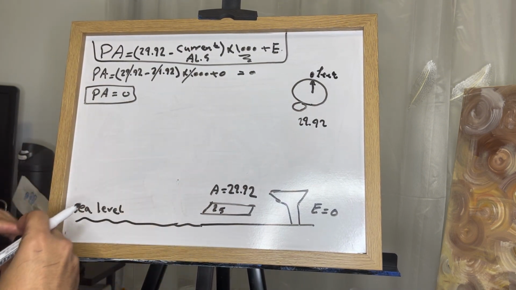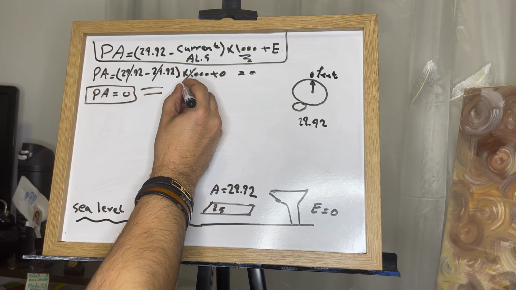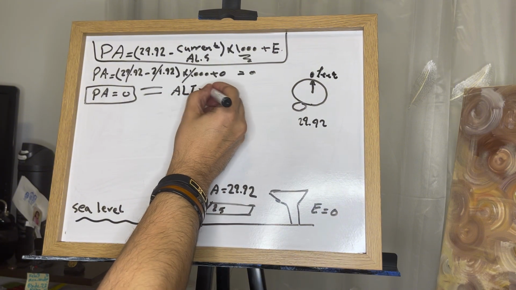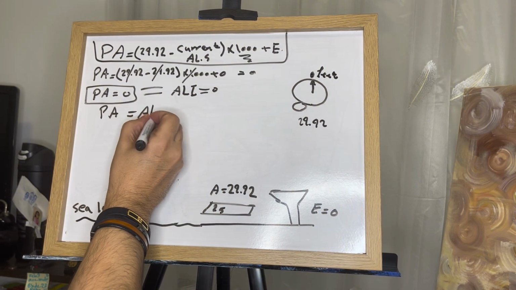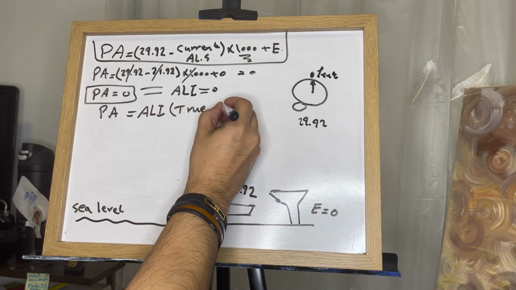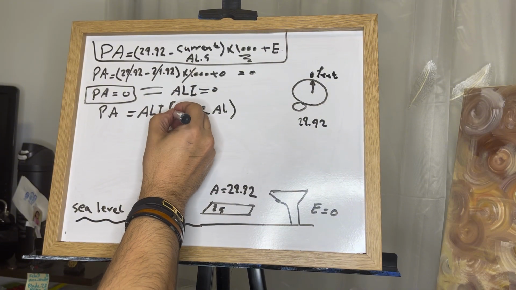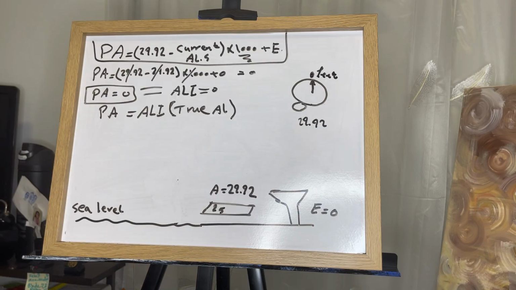So when you set the altimeter to local pressure, the altimeter shows you true altitude, the height above sea level. At this station, after setting 29.92, the altitude indicator shows 0. So pressure altitude equals the altitude indicator or true altitude. This is a common question you will see in the exam. The question is, when does pressure altitude equal the altimeter indicator or true altitude?